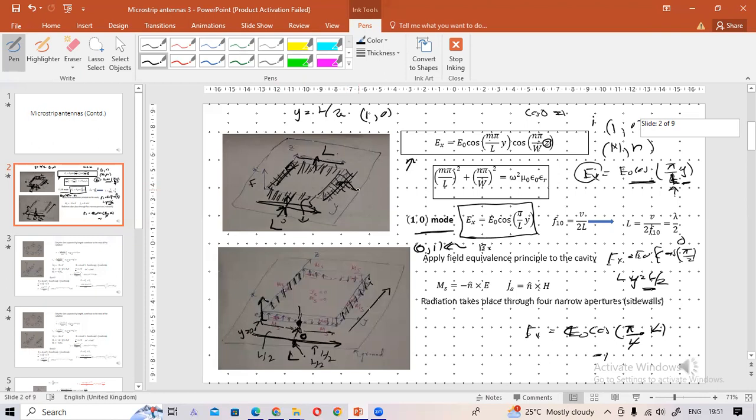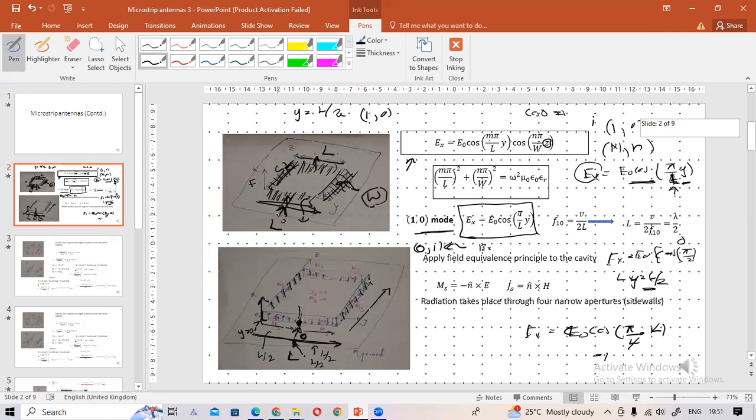So the radiation happens in the width wall, not the length wall. So actually this mode depends on that phenomenon.